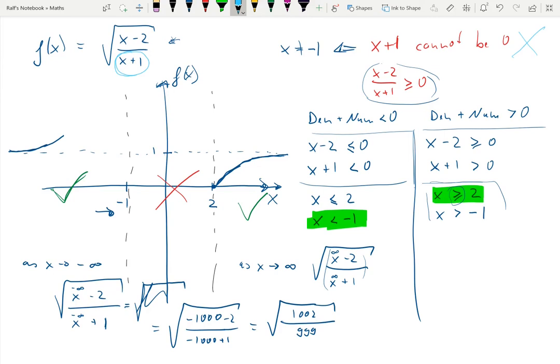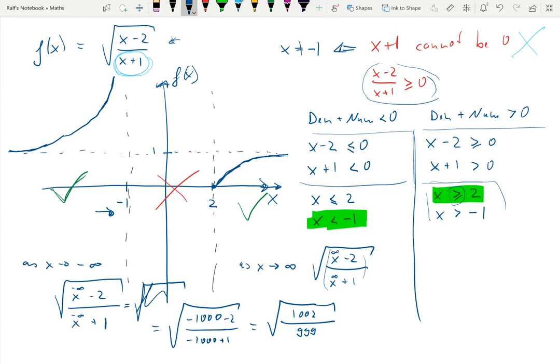So it can't be -1, but if we approach -1, so if we're just a little bit smaller than -1, then this light blue term here will become very, very small. And above here, we have something very close to -1 minus 2, so that's a little bit bigger than -3. So -3 divided by something very, very small, well, that will become extremely large, and the square root of something extremely large goes extremely large as well. So that will go to infinity here.